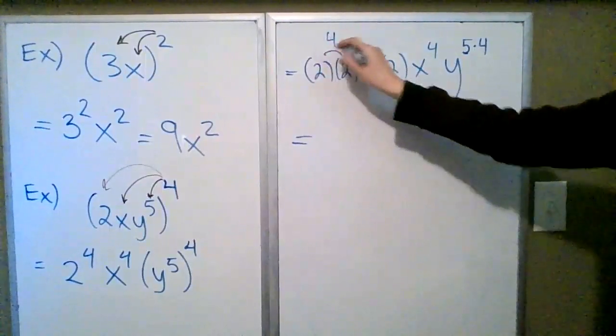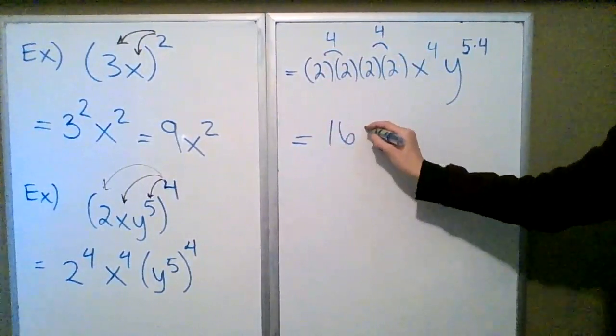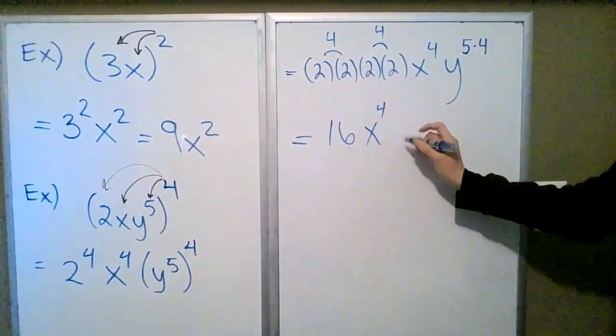Times 4. We've got 16 x to the 4th y to the 20th.